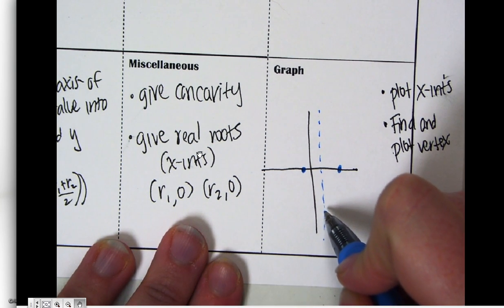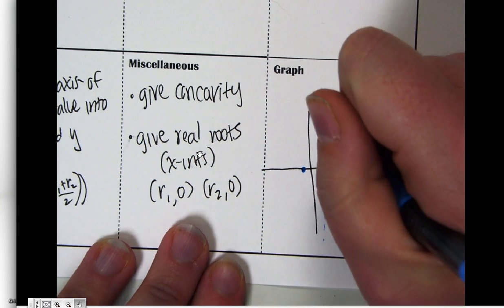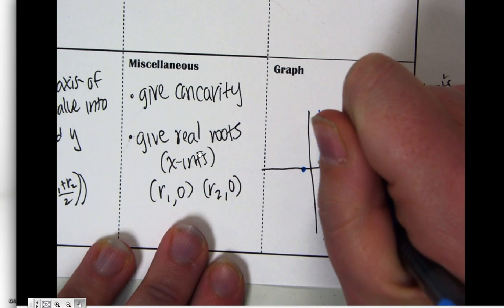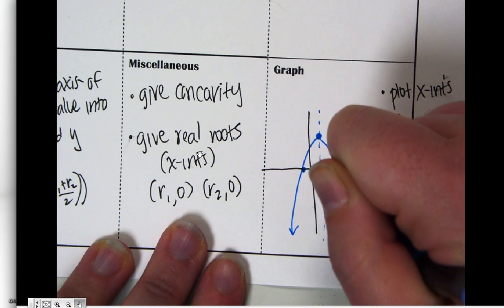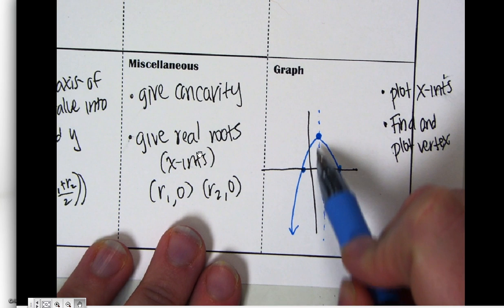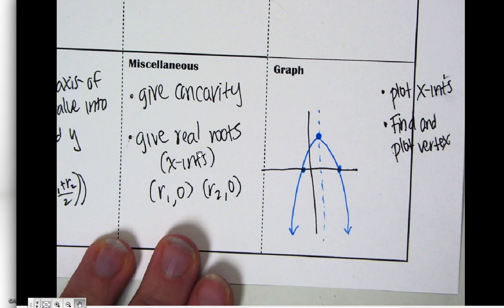And once you find that x value, you can plug it into the equation to find the corresponding y value. And perhaps you find your vertex is up here. And just like with a line, how you need 2 points to draw a line, with a parabola you need 3. So you would use the x-intercepts and that vertex to make a sketch of your graph.